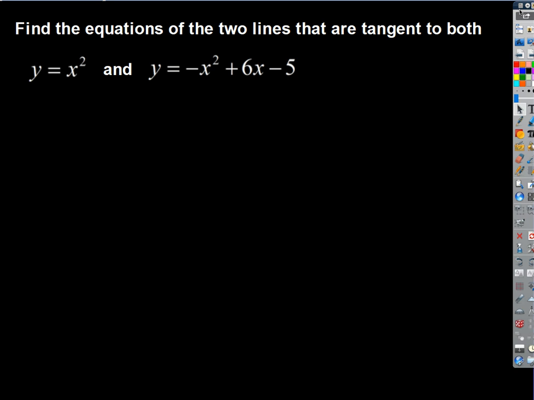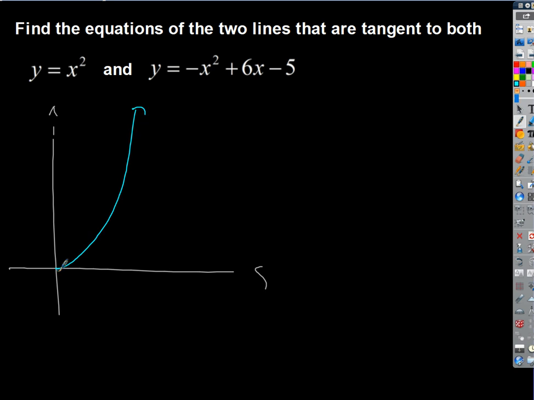So maybe I will just put up one quick representative example here, just so we can orient ourselves with how we're going to set up these math equations. So we've got the equation y equals x squared, which is like that. And then this one's going to be going down. If we factor that, what are we going to get?